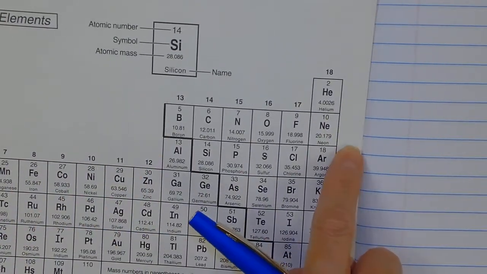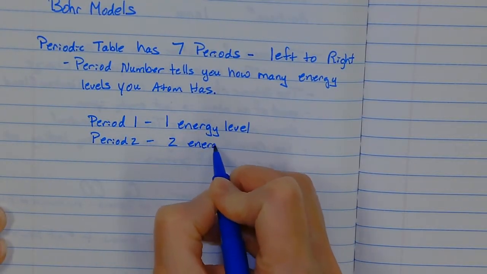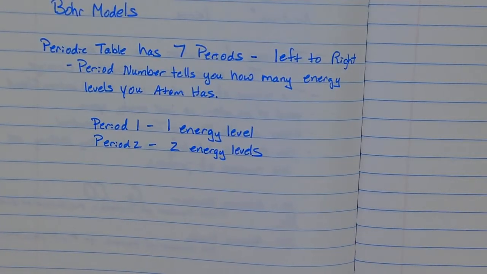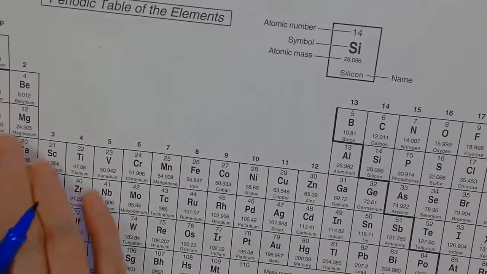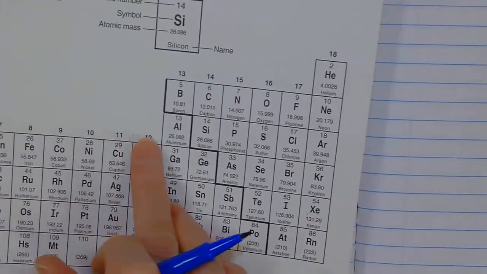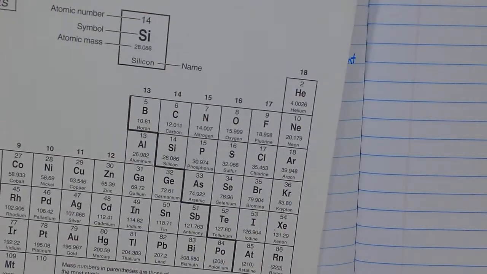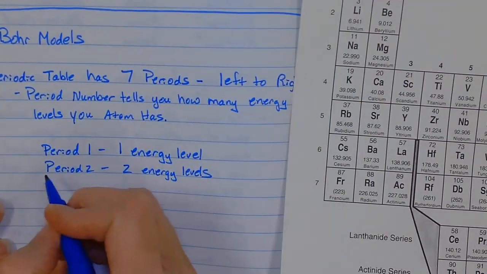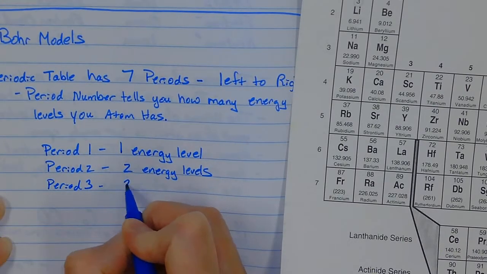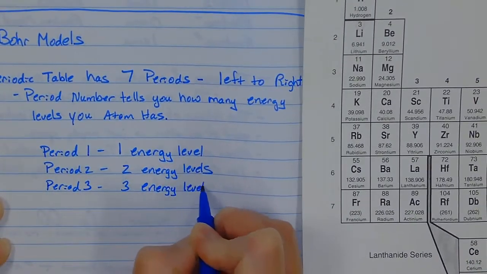So period 2 has 2 energy levels, and that is all. Okay, so period 3, starting at sodium, going straight across, and ending at argon, has 3 energy levels. Are you seeing a pattern here, I hope?